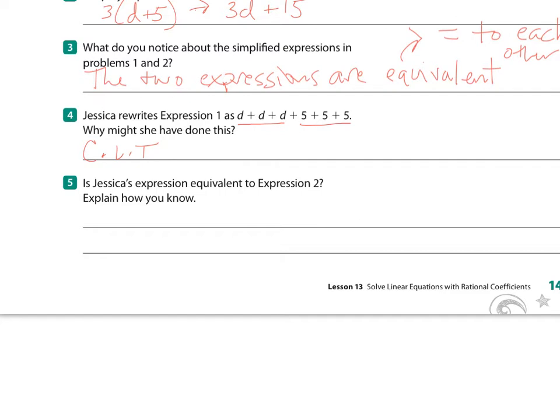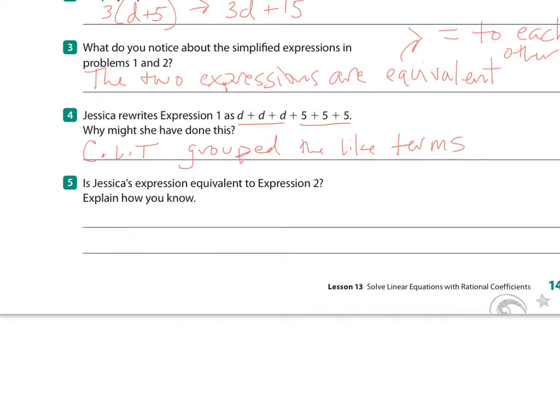Why might she have done this? Because if I want to simplify this expression, I can't add non-like terms, so our only chance is to add these. So she basically grouped the like terms.